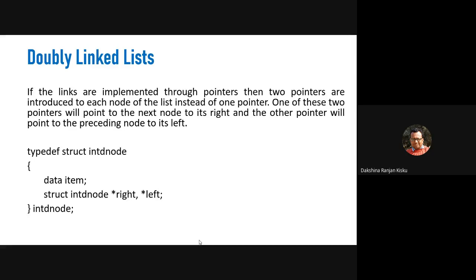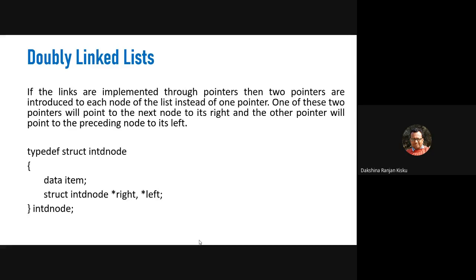Now what happens when we deal with insertion and deletion operation on singly linked list? What we have found is that without having the preceding node of the inserted node or the deleted node, we cannot insert a new node during insertion operation. We cannot delete some node during deletion operation on a singly linked list.